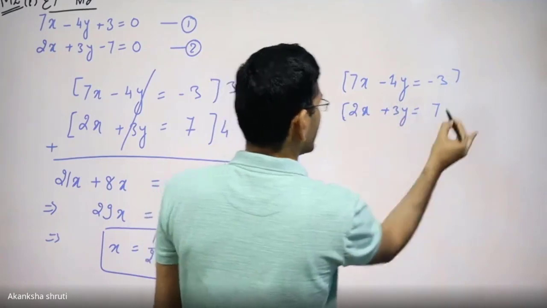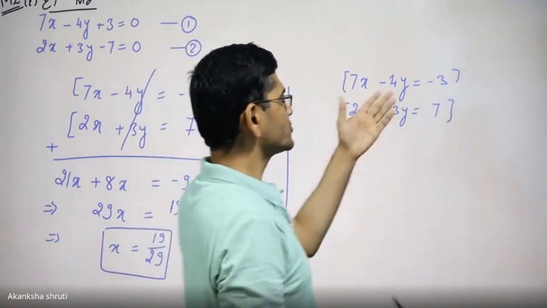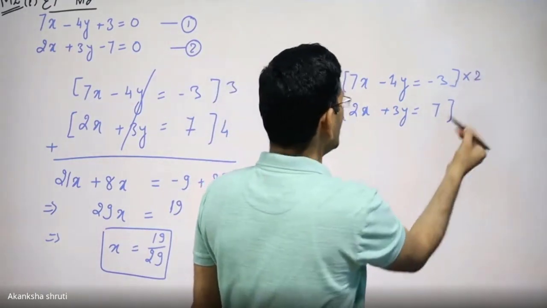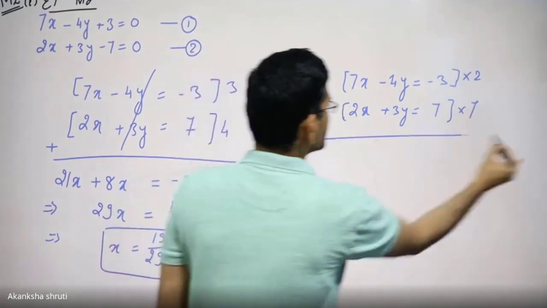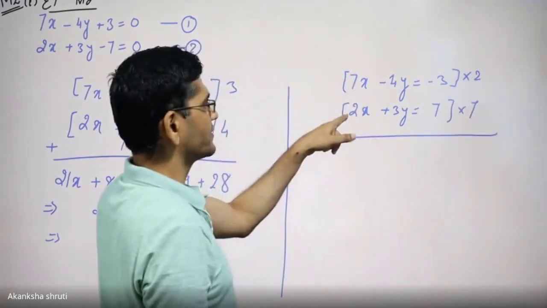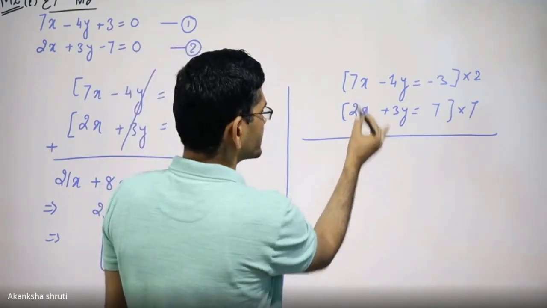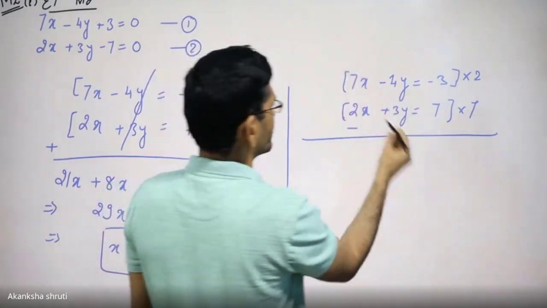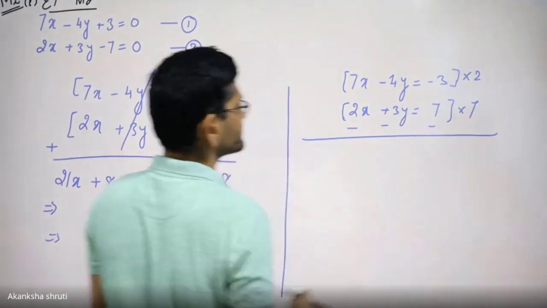Here in the first equation the coefficient is 7, in the second equation it is 2, so nothing is the LCM. So just multiply the first equation by 2 and the second equation by 7. Also we are getting their signs are the same, so we need to subtract. For the subtraction, change the sign of each of the terms of the second equation. So this becomes negative, this becomes negative, this becomes negative.